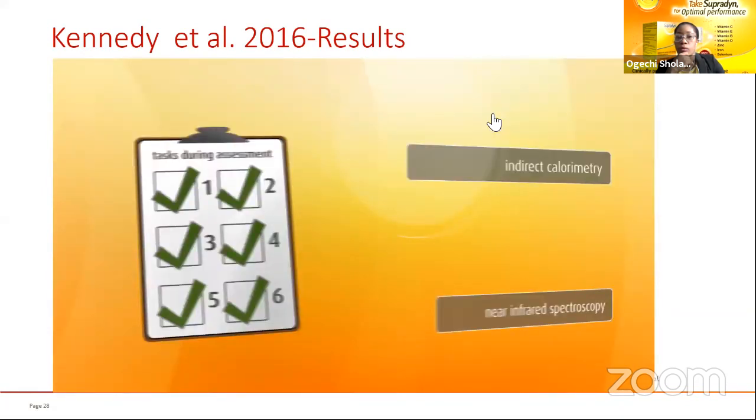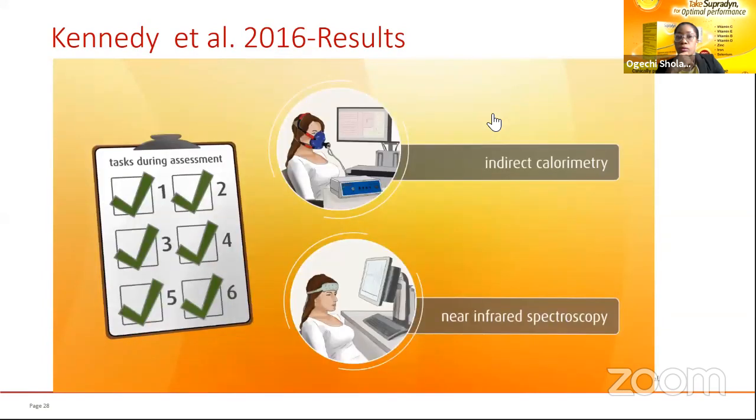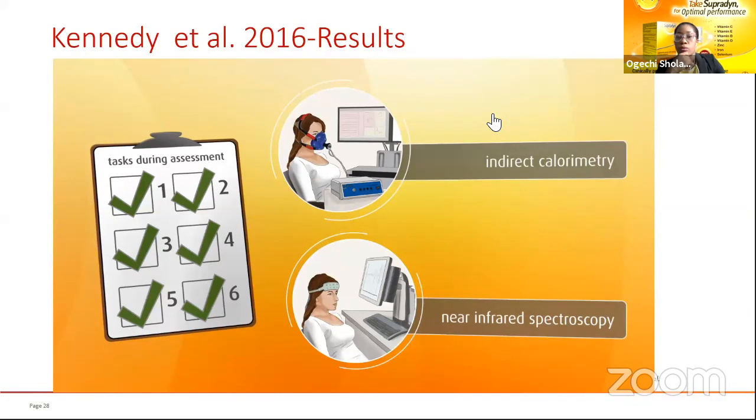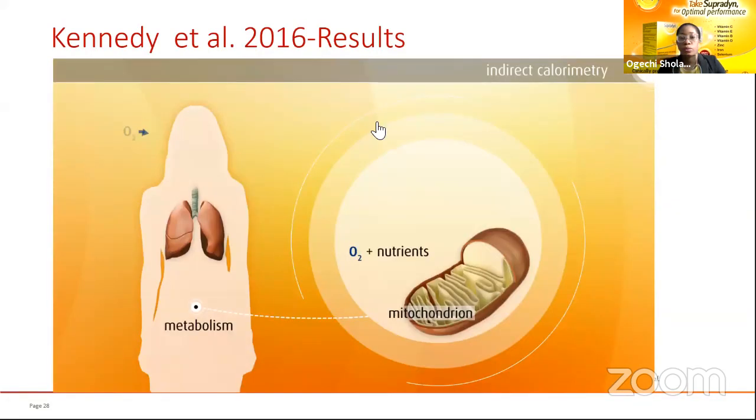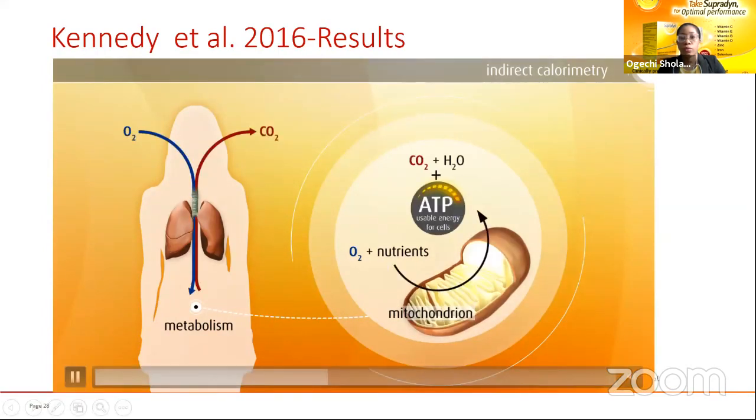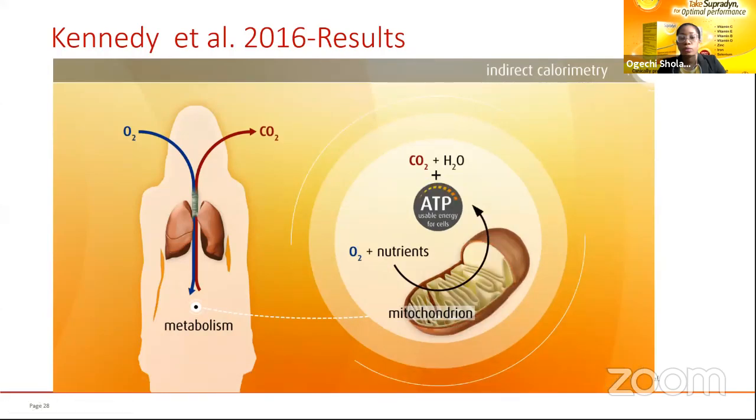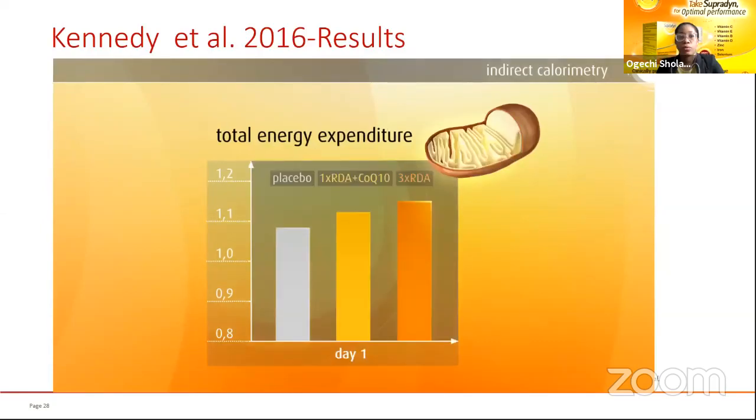2 cutting-edge technologies were used during completion of the tasks to evaluate the effects of Supradyn on energy-related parameters. Using indirect calorimetry to measure oxygen uptake and carbon dioxide output, energy production was quantified. Just 1 dose of Supradyn increased energy production in a dose-dependent manner.